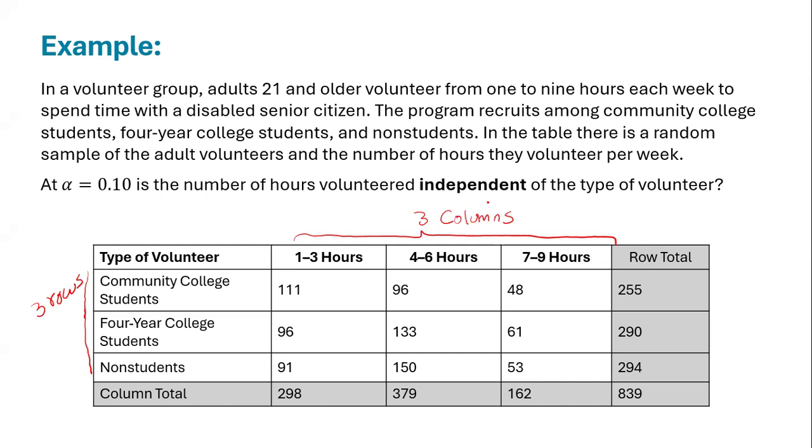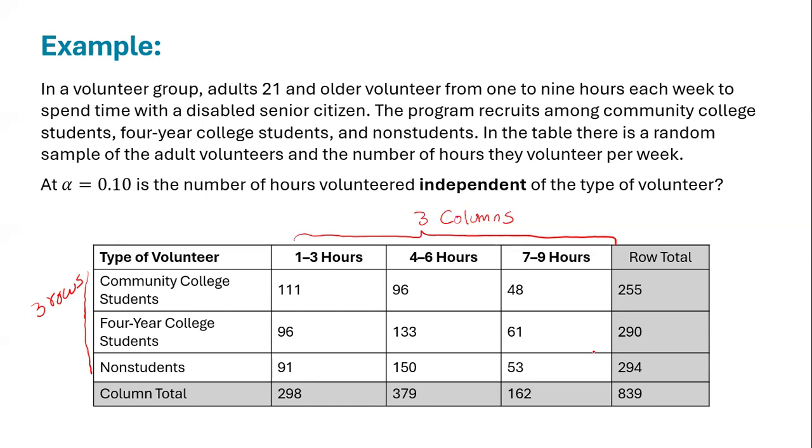Now it's time to find the expected frequency first. To find the expected frequency, I need to know the sum of each row and the sum of each column. I found it here. I put it in those shaded rows and columns to make it separate from the numbers in the table.